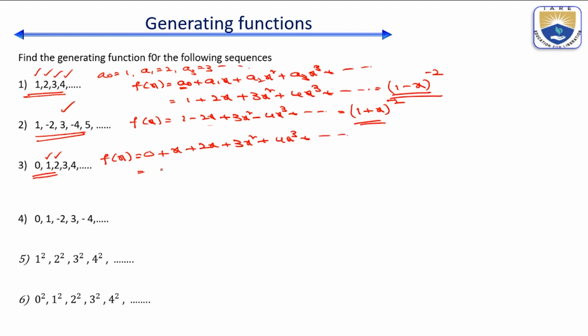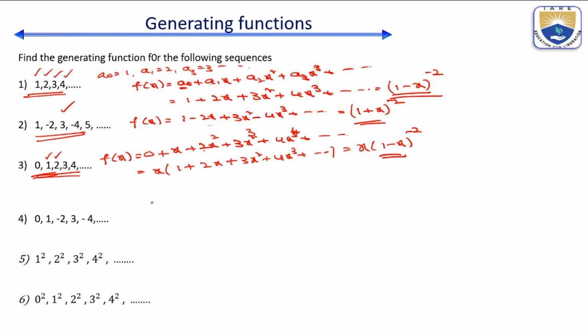Taking x as common, this will become 1 plus 2x plus 3x square plus 4x cube plus and so on. So this is nothing but x times the expansion of 1 minus x whole to the power of minus 2. So this is the generating function for this sequence.